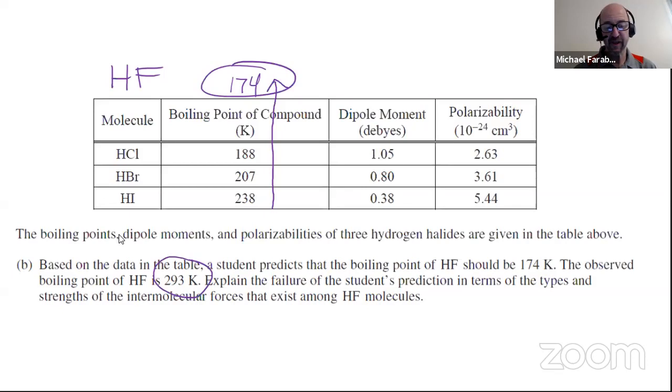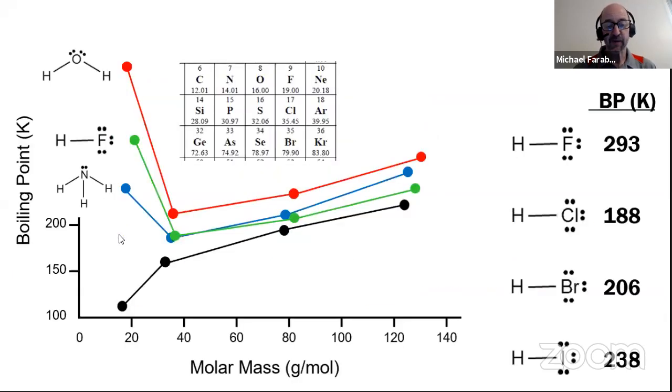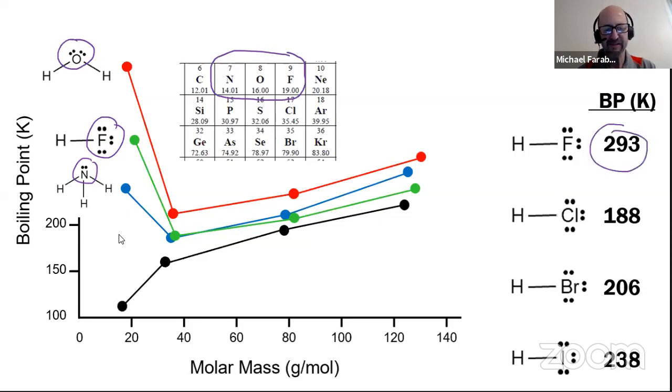If you watched that video talking about intermolecular forces, this is a very common graph you see when discussing hydrogen bonding. So the fact that oxygen, fluorine, and nitrogen form these hydride compounds that tend to have rather unusually high boiling points, based on the trend of the other hydrogen compounds in the group, there must be some reason for that.